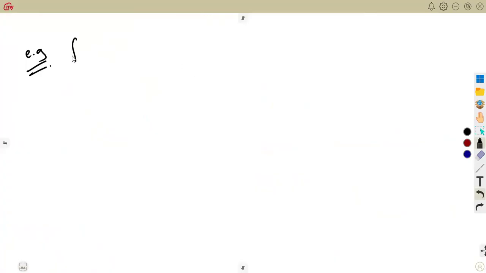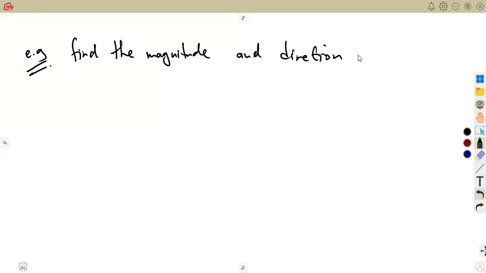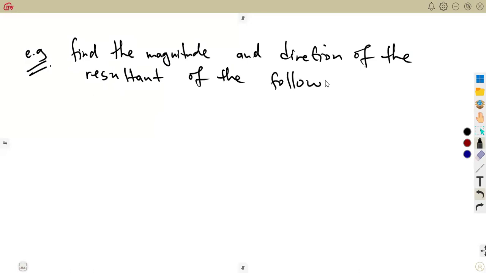So let's say we are given to find the magnitude and direction of the resultant of the following system of forces.